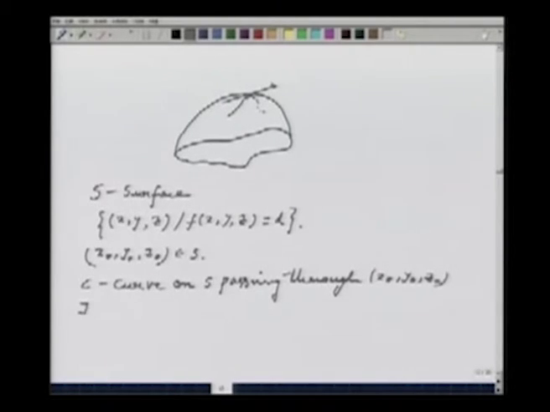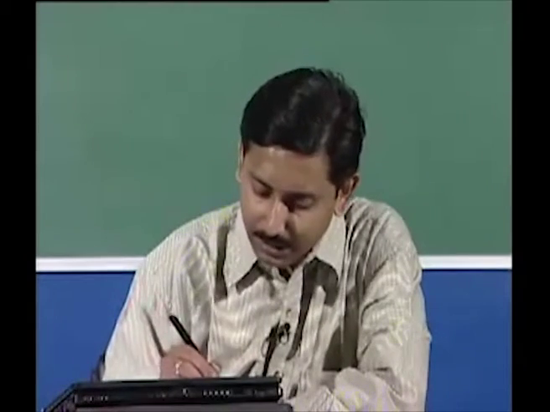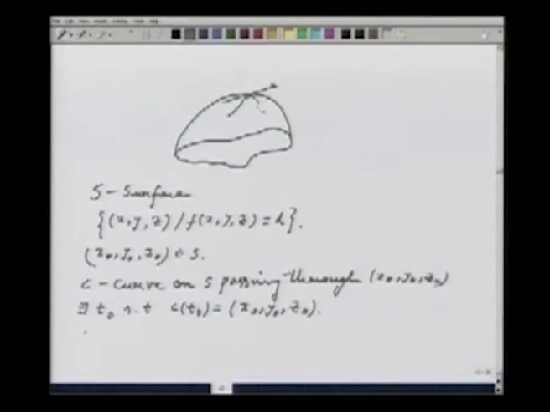It means then there exists t naught such that C of t naught is equal to x naught, y naught, z naught. Then I can try to write down the tangent line at the point C of t naught.